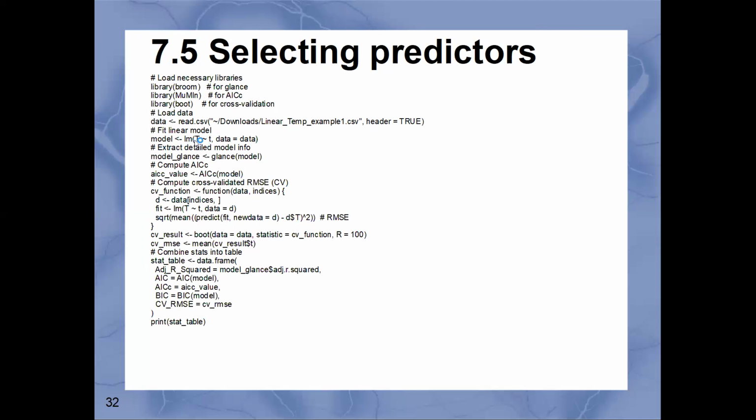In this case, we're going to use lm, where t will be the time, and the data will be the data that we read in from our file, and then extract the detailed model data. We can use something called glance, and then we can compute the cross-validated variables and take a look at them and see if these predictors are important or not.